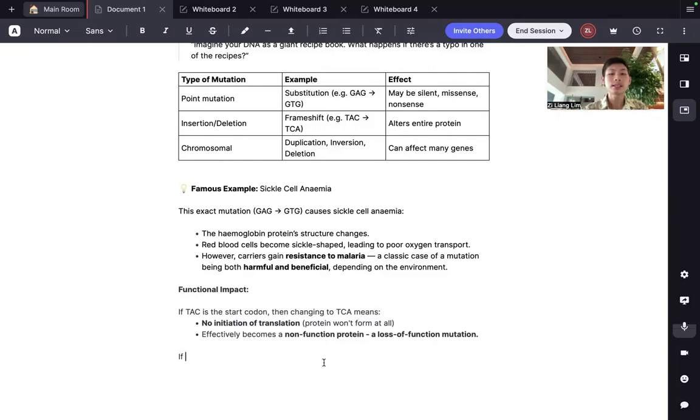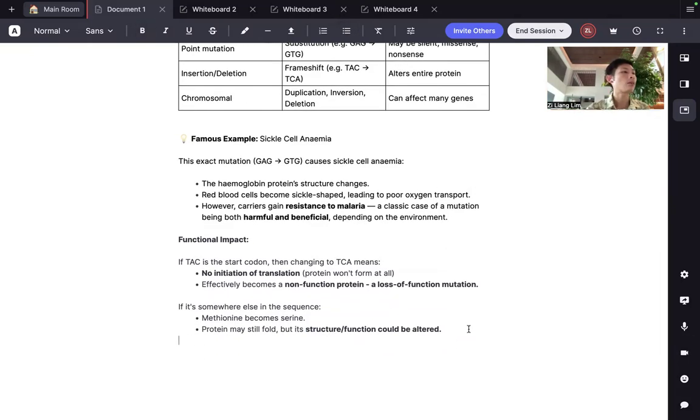Now, if it is somewhere else in the sequence, then methionine becomes serine. Then the protein may still fold, but its structure or function could be altered.